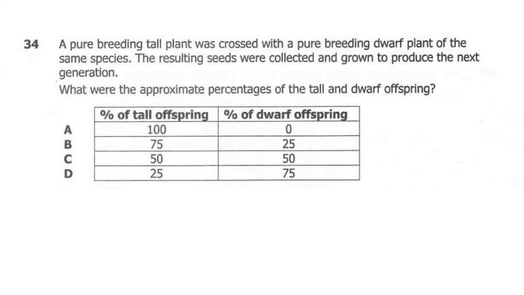B. Percentage of tall offspring 75%, percentage of dwarf offspring 25%. C. Percentage of tall offspring 50%, percentage of dwarf offspring 50%. D. Percentage of tall offspring 25%, percentage of dwarf offspring 75%. So do your cross quickly and find out what percentage of the offspring are going to be. What will be the correct answer? Is it A, B, C, or D?